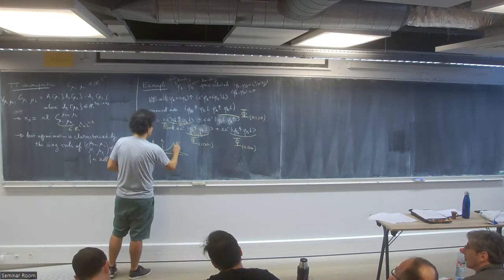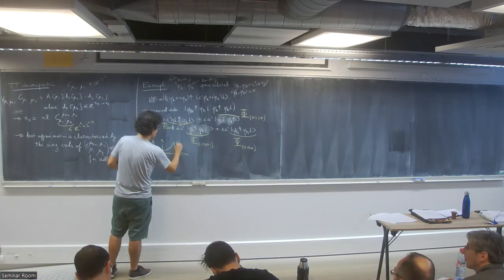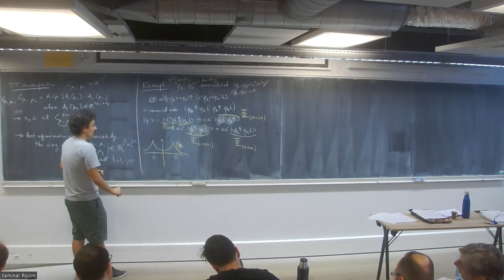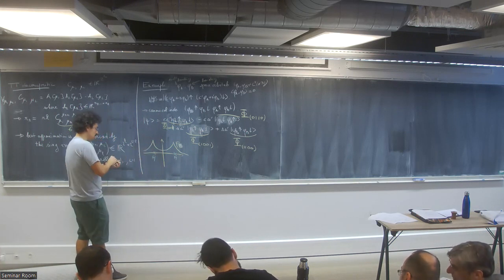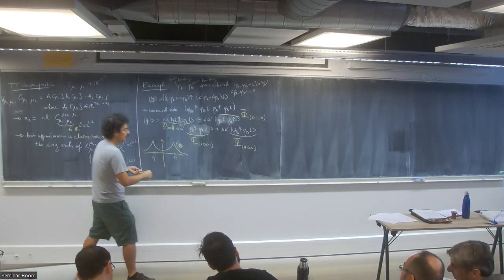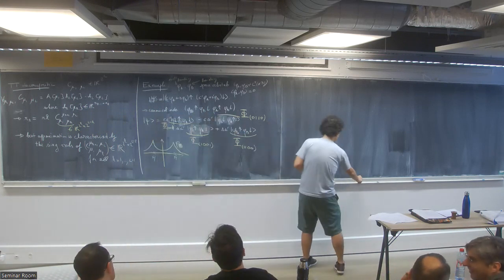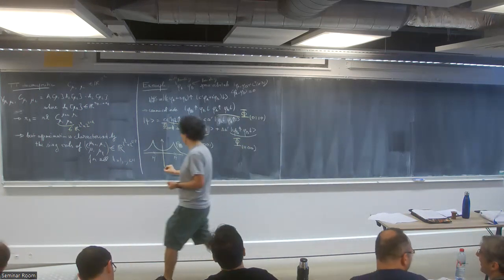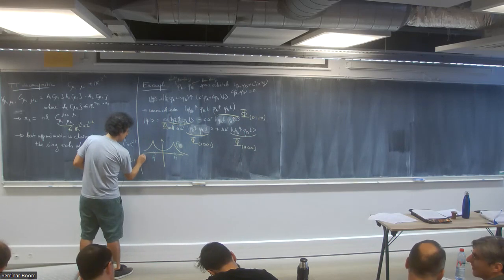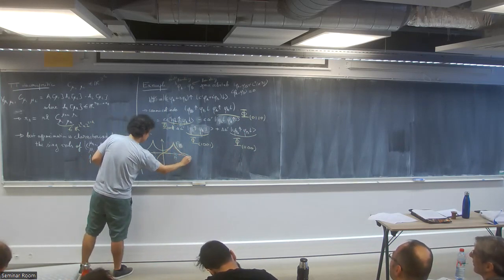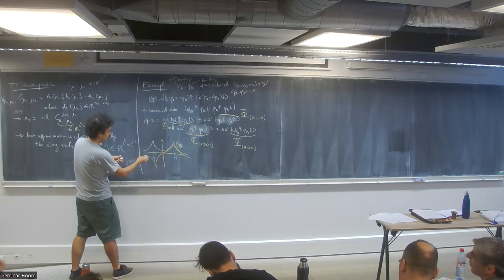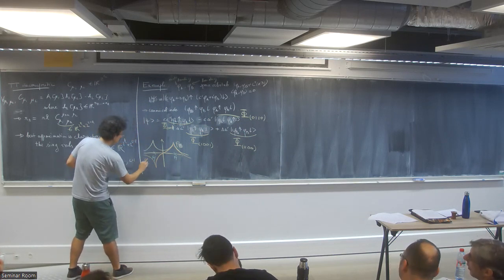This I call the bonding orbital, phi b. And you have the flipping here, which is the first excited state, which looks like this. This is the anti-bonding orbital, phi A.